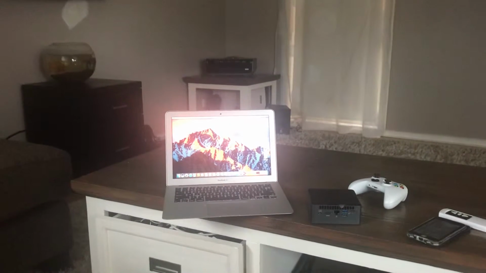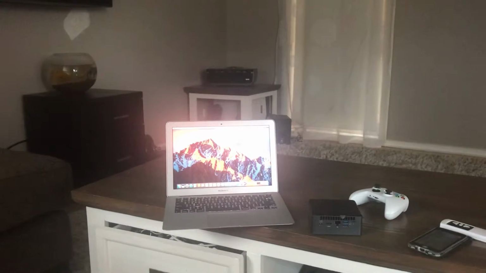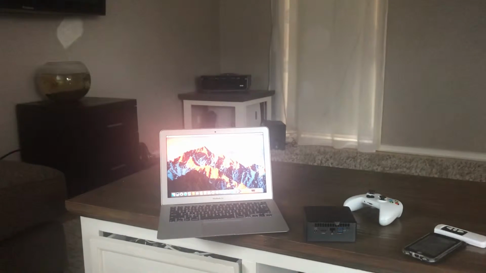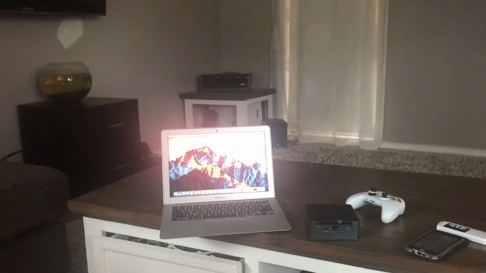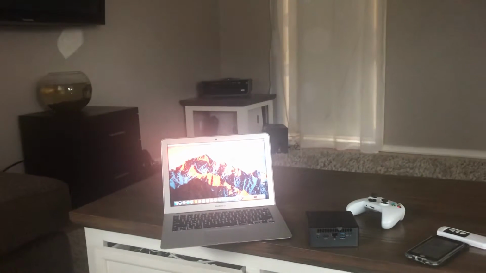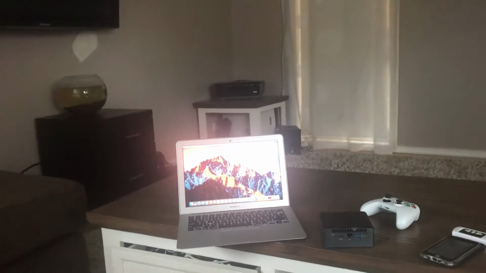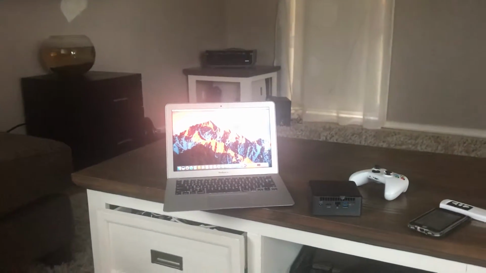So I was thinking what to buy, and there are second-hand desktop computers which you can plug any graphic cards into, and it will play fine. But then I just bought this one, Intel NUC.